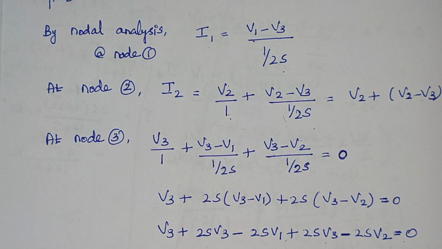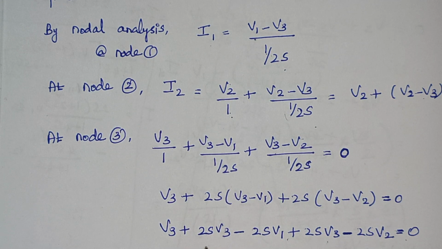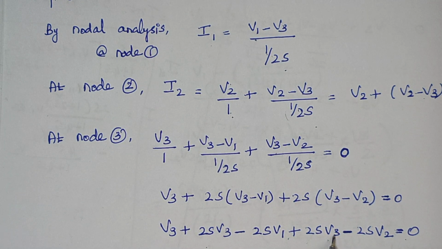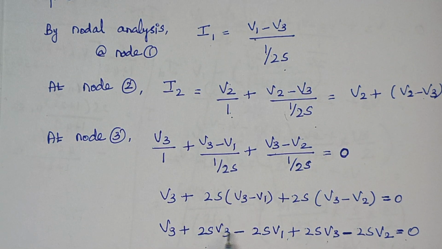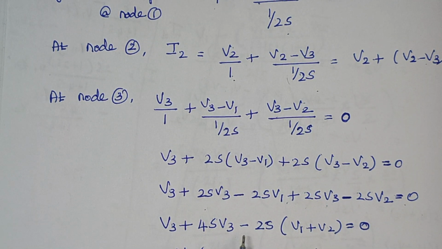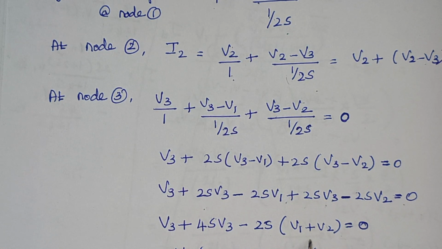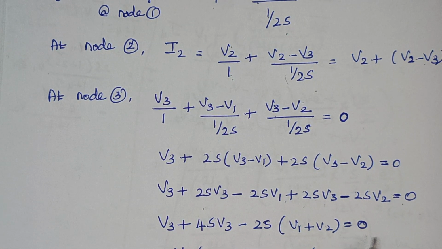Now I am going to combine the V3 terms together. 2S V3 plus 2S V3 becomes 4S V3. And for the V1 and V2 terms, minus 2S is common, so the remaining terms are V1 plus V2 is equal to 0.